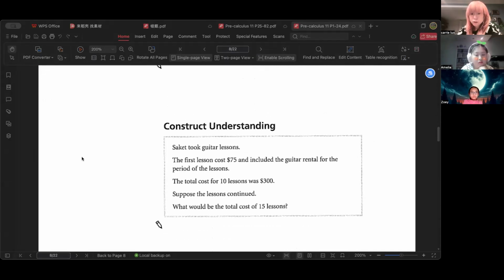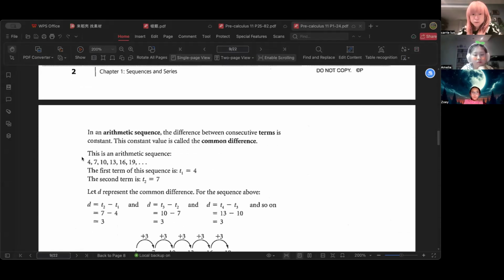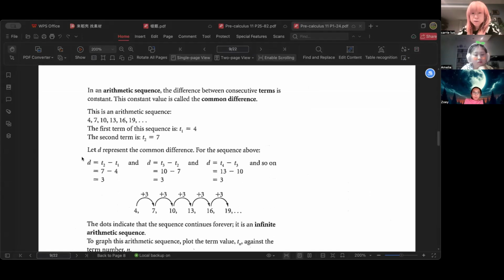Okay, so let's take a look at this one. This is an arithmetic sequence. The difference between consecutive terms is constant. This constant value is called the common difference. So 4, 7, 10, 13, 16, 19. The first term is 4, so we write it as T1.